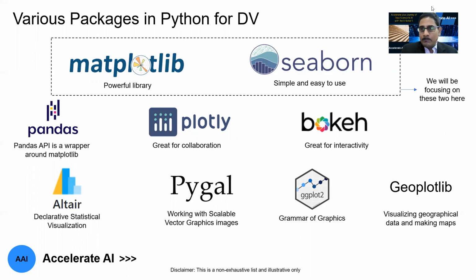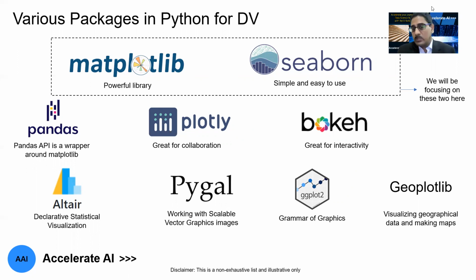At the same point of time, I would like all of you to also take a look into some of the other ones like Plotly, which is great for collaboration purposes. Bokeh is also great for interactivity, intuitive charts. Altair is more for declarative statistical visualization purposes. PyGal, we can use it working with some SVG images, scalable vector graphics images.